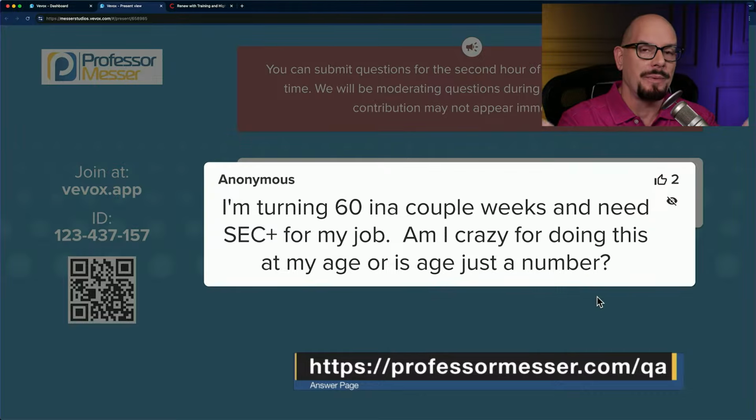Now, I often tell people the computer doesn't care about your age. The computer has no idea how old you are. I worked with relatively young folks who know a lot. I worked with relatively young folks who do not know a lot. I worked with relatively mature folks, aged people like myself who tend to know many things, but I've also worked with people of increasing age that perhaps are not as good as they could be with these technical topics.